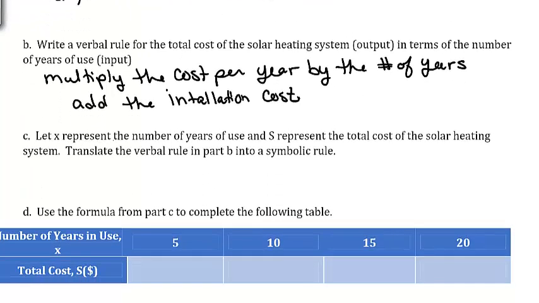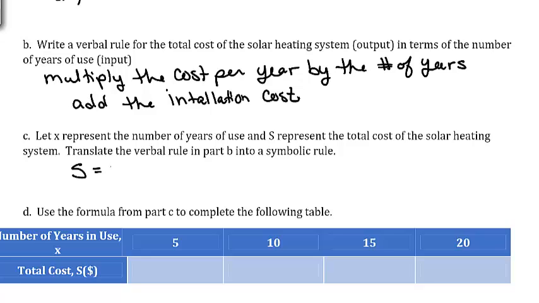Now we're going to let x represent the number of years of use and s represent the total cost of the solar heating system, and then translate the verbal rule that we did in part B into a symbolic rule. So for the solar system, s is going to be our output variable, and our input variable is going to be x.